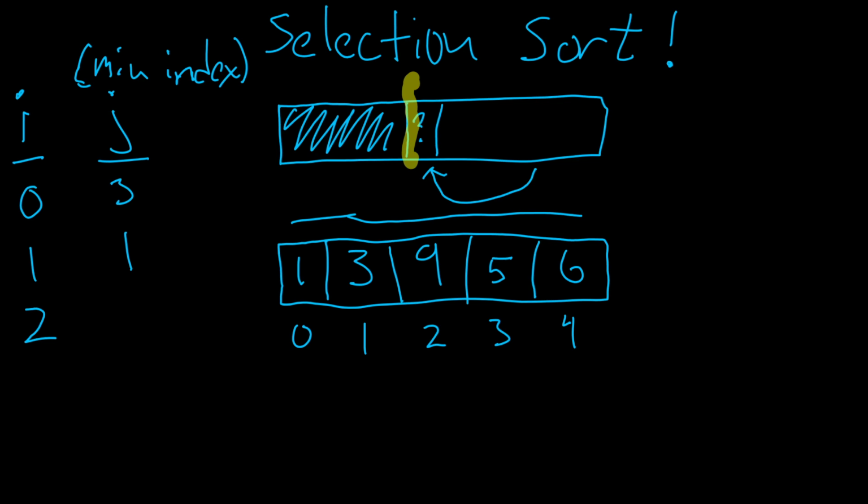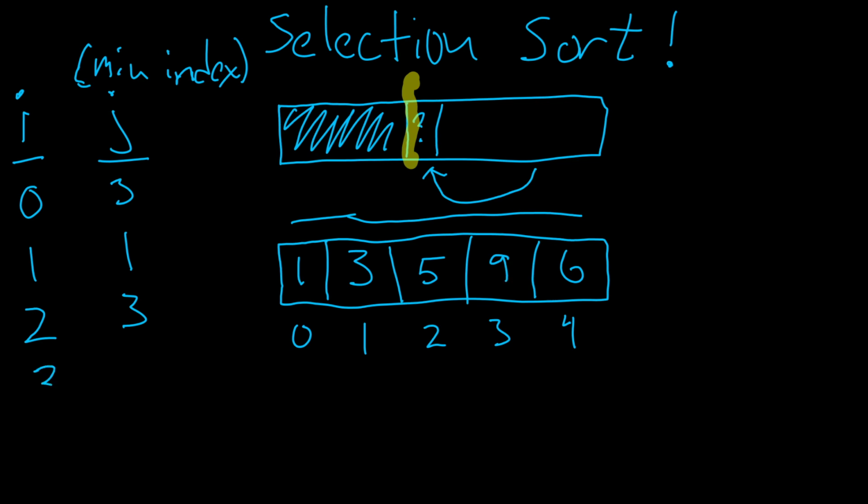From 2 and beyond, what's the index of the smallest value? Well, that's going to be at 3 because 5 is the smallest. So what we'll do is swap those out. So 5 and 9 swap. We'll put 5 here and 9 here.